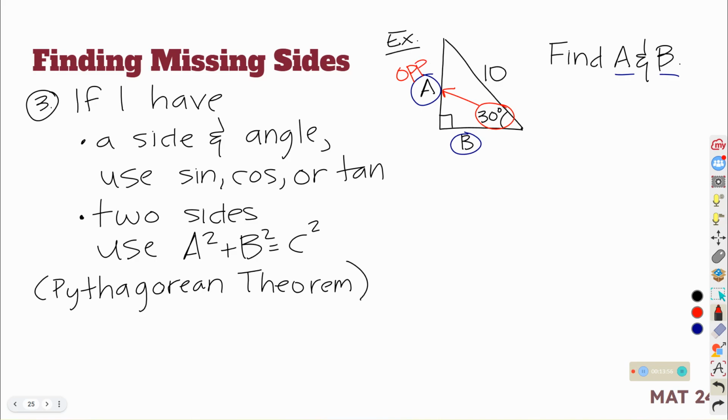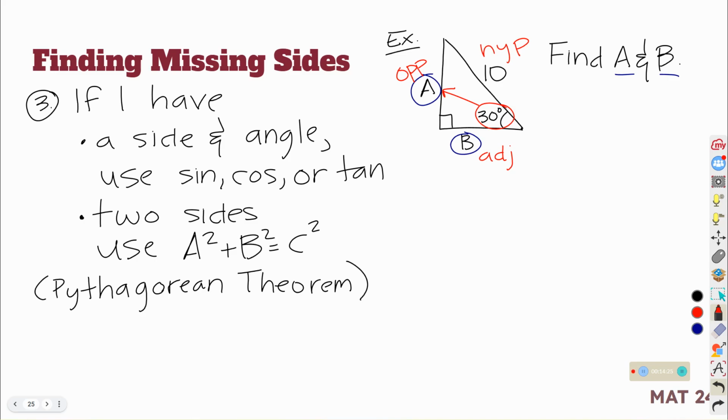Where's my hypotenuse? Longest side across from the 90, which means B must be my adjacent. Right now, looking at that picture as it's labeled, should I be using a trig function or Pythagorean theorem?